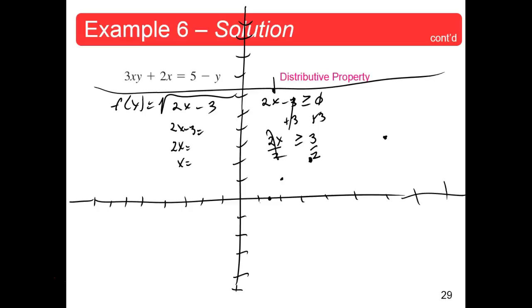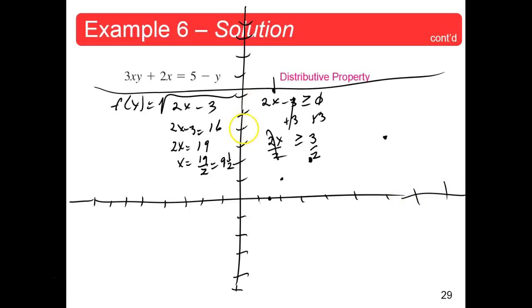Okay, we did a 0, a 1, a 4, and a 9. Did I hear someone say 16? We want it to be 16. Okay? That would be 2x is equal to 19. x equal 19/2, which is 9 1/2, right? Okay? 1, 2, 3, 4, 5, 6, 7, 8.